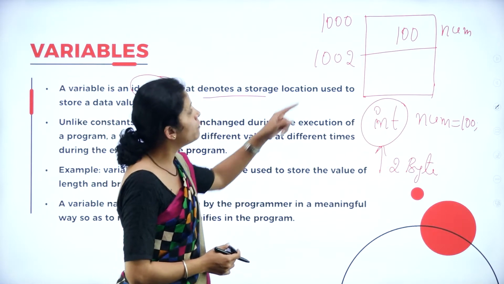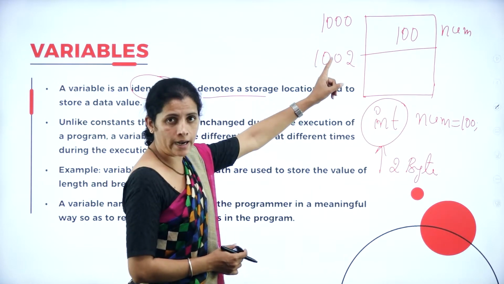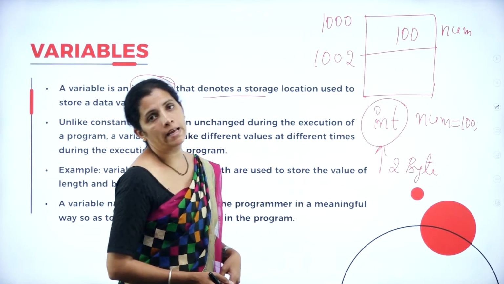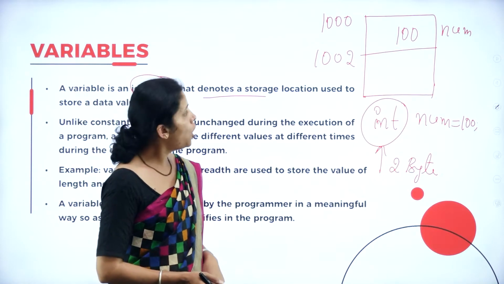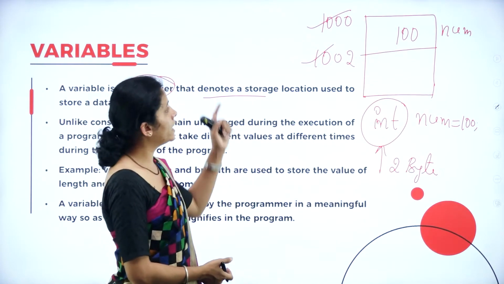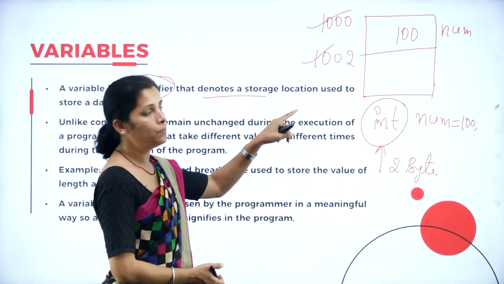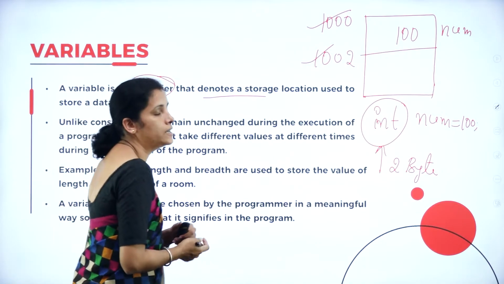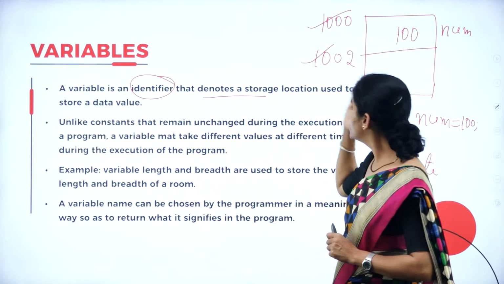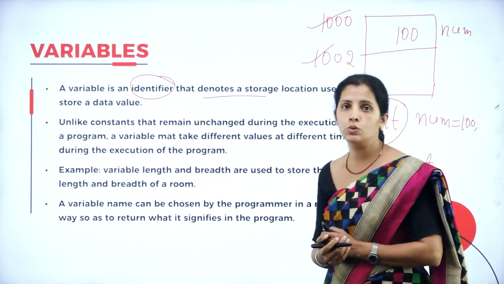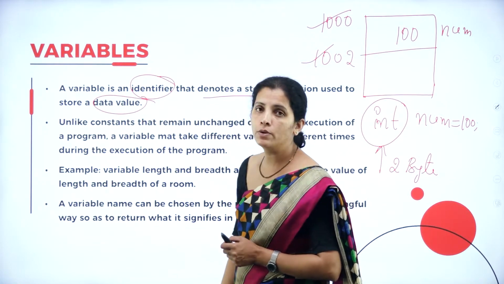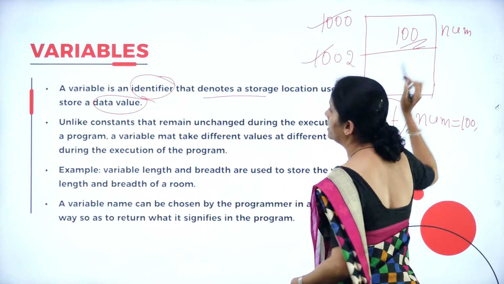Now, if I want to access that value 100, then with the help of the variable name I can access the value, or with the help of the memory address I can access the value. So what is a variable here? It is nothing but the identifier that denotes a storage location used to store the data value. And what is the data value here? That is nothing but 100.